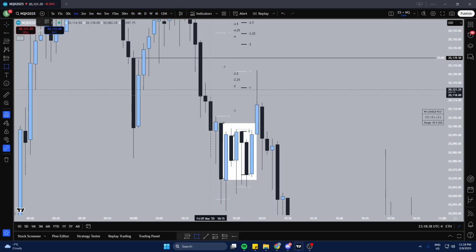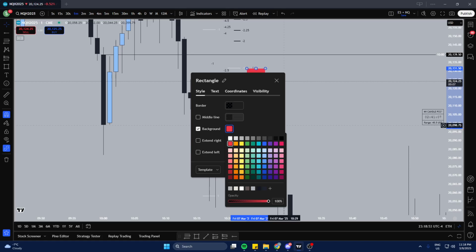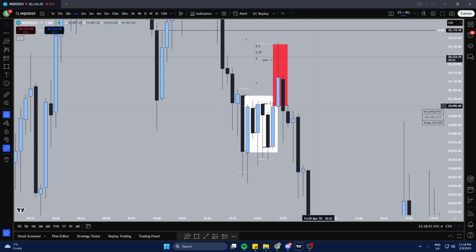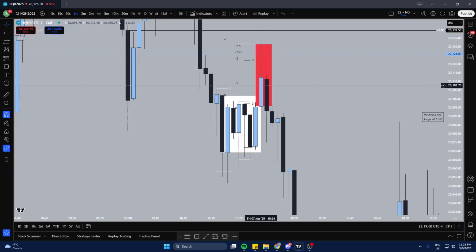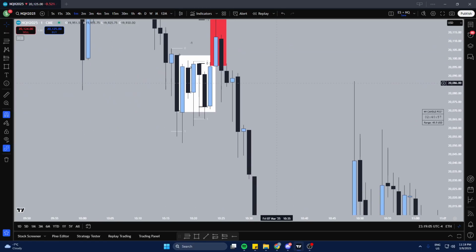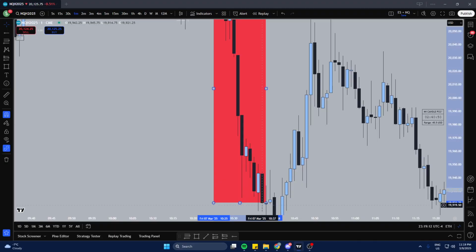Mark it out for you. You guys see it, but yeah, I'll be marking out the AMD for you guys to see. This part is the manipulation, so we see it breaks out of the range on this candle, and then it reverses, and then it displaces all the way down there.